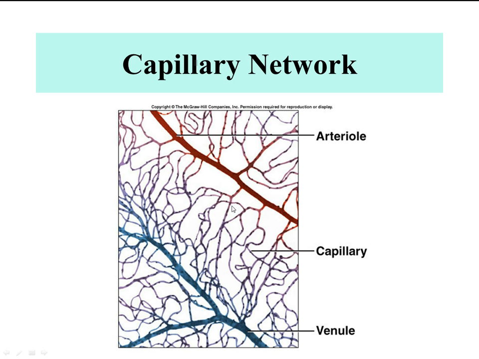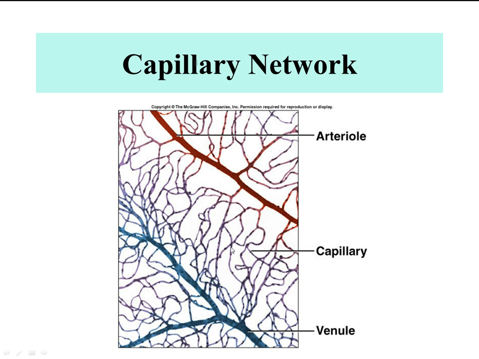Thinner and thinner until you reach a capillary, and you can see the nuclei, the nucleus of those single layer of cells is what those spots are along those vessels, because it's only one cell layer thick. Okay, so you can see the nucleus of that cell along here.